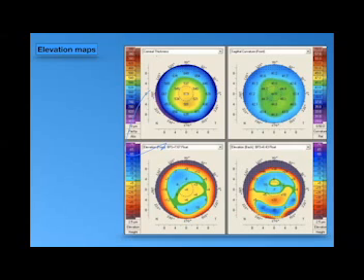Yes. Okay, if all the points are normal, I will go for refractive surgery. I have done a case with a steep K of 49. I did LASIK for this patient 10 years ago, and she's okay until now.